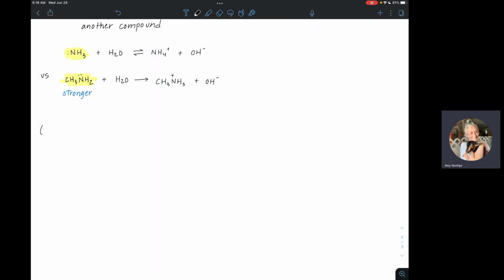So we can look at acidity and basicity quantitatively. And what do I mean by that? We're going to look at equilibrium data.